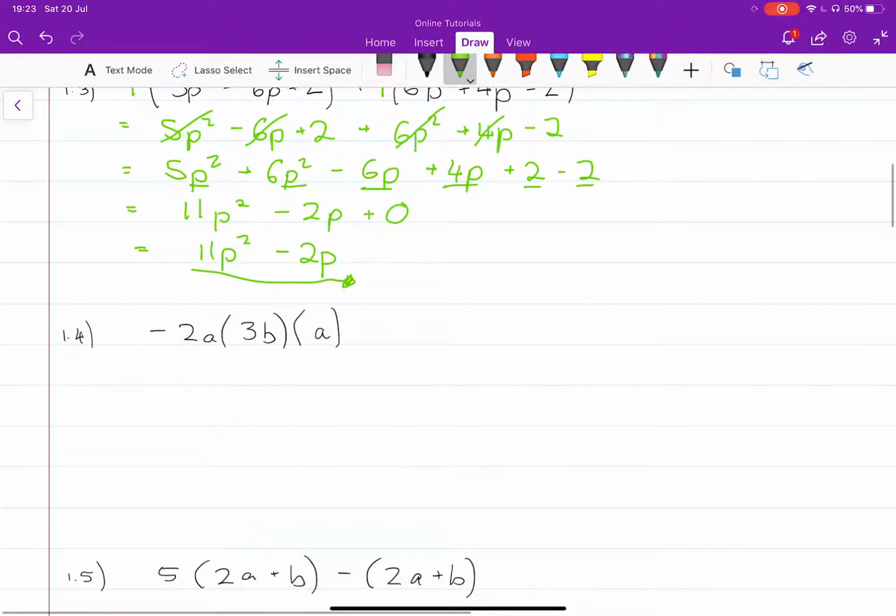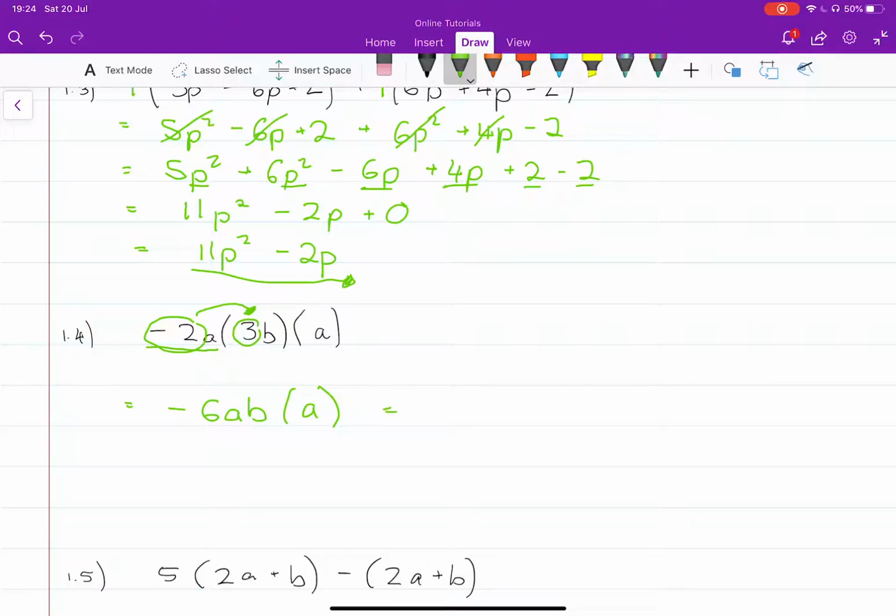Okay. If we look at this question, we now need to multiply everything by minus 2a. So we multiply minus 2a into here first. If we do that, then we get minus 6, so minus 2 times 3 is 6. We leave the a and we leave the b. And then we've still got that a at the end.